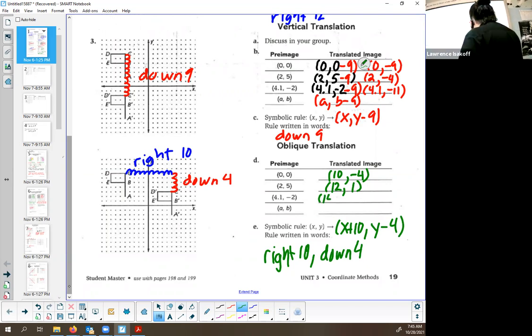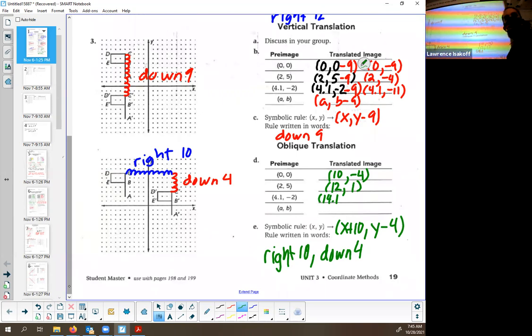It's not a big deal. That's 14.1. Negative 2 minus 4. Negative 6. And then our general rule, I'm just going to change X and Y to A and B. So A plus 10, B minus 4.